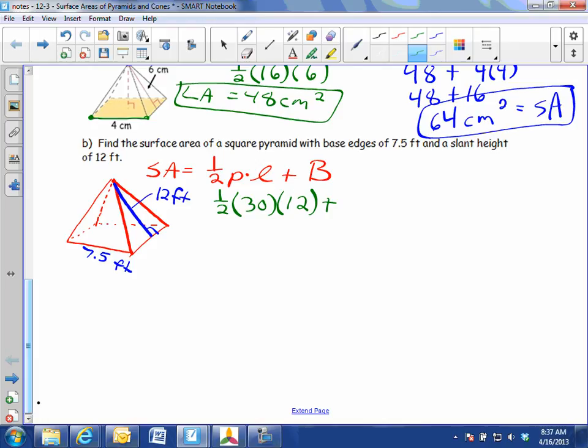What's our big B? Good. Which is, I don't know, 56. So let's see, it doesn't really matter because I'm just using a calculator anyway. Half of 30 is 15. 15 times 12. And then just add them together.